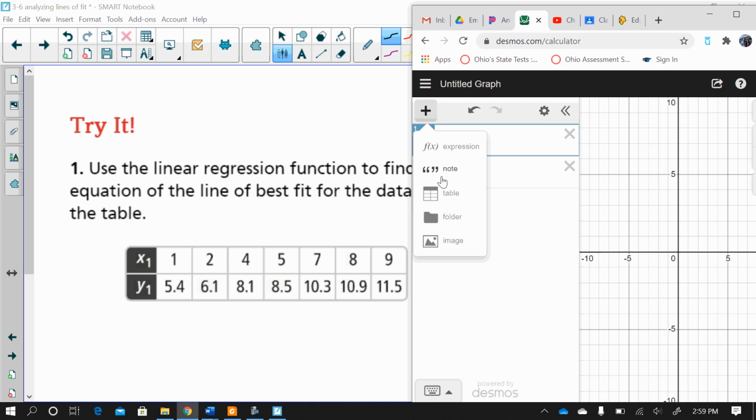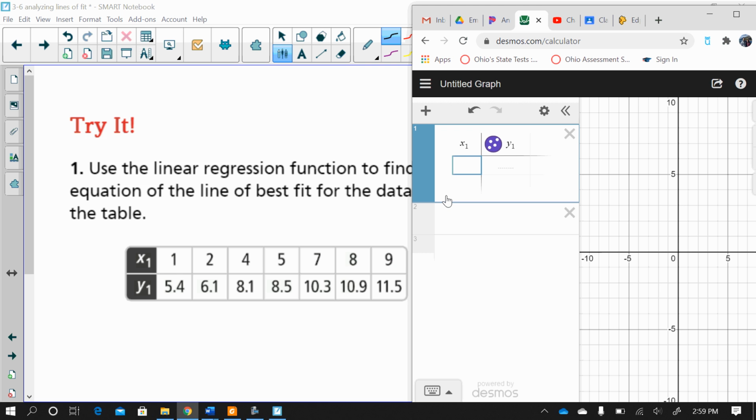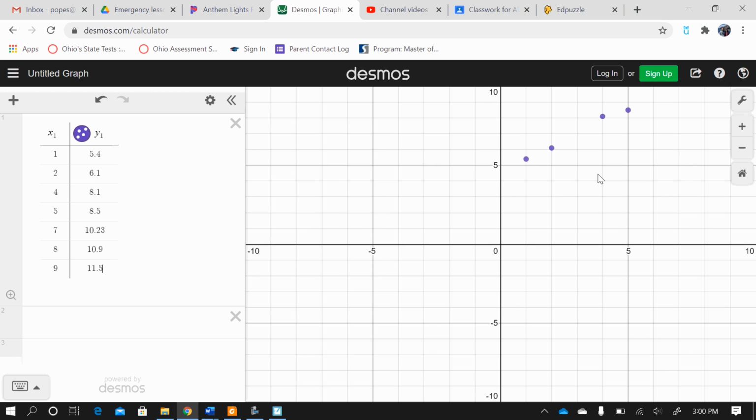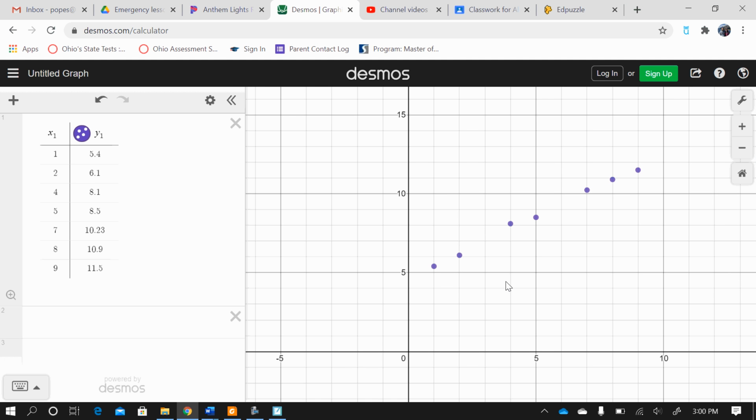Okay, so plus table. So I go 1, 2, 4, 5, 7, 8, 9. Okay, my y values, I got 5.4, 6.1, 8.1, 8.5, 10.3, 10.9, and 11.5. Okay, if I go back to my graph, I can just drag this a little bit because they're all pretty close.